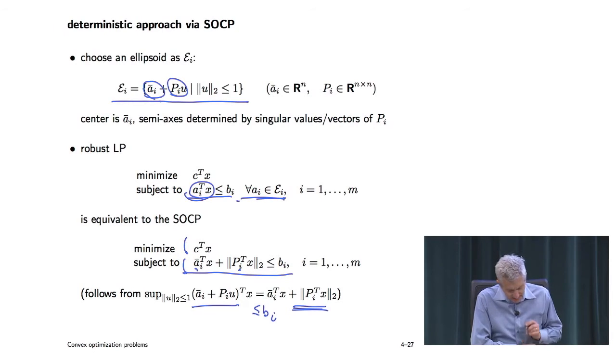Okay, and let me say a little bit more about it. It's actually super cool. If I get rid of this thing, it says simply make the inequality hold when I put in the center of the ellipsoid. But that's not right, because a is going to vary, and I want some margin there, right?